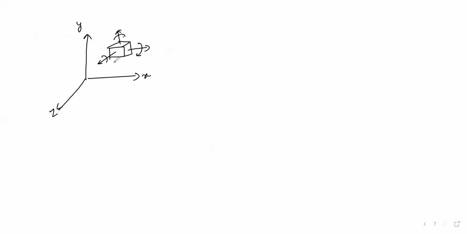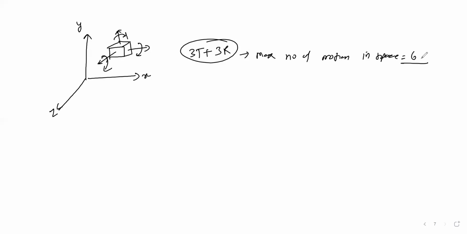So there are 3 translation motions and 3 rotation motions. So this is the maximum number of motions in space, and in that I will try to find the degree of freedom.